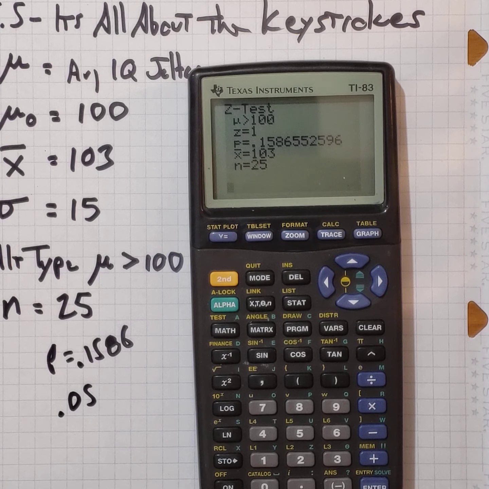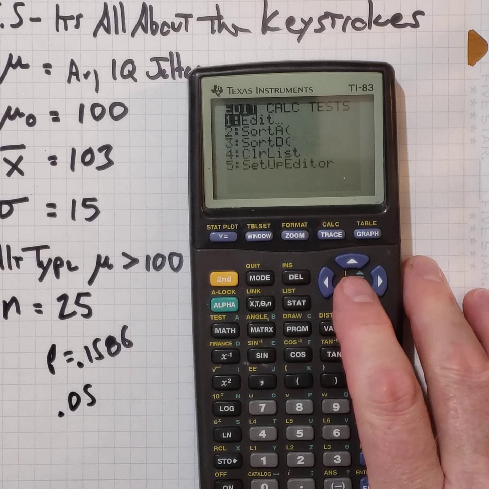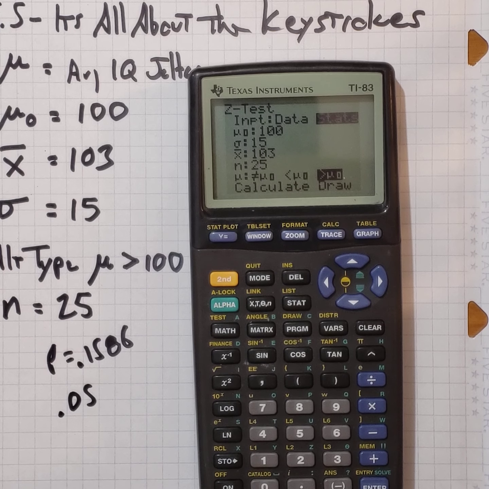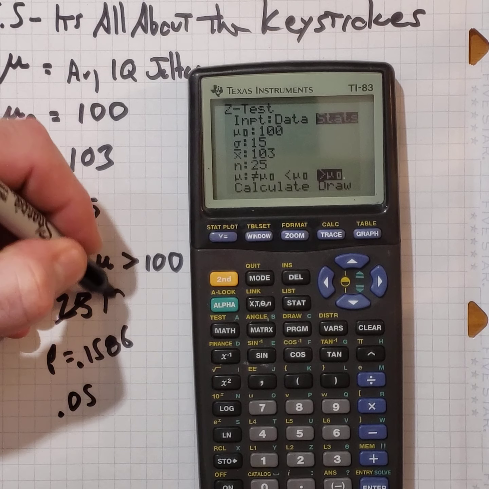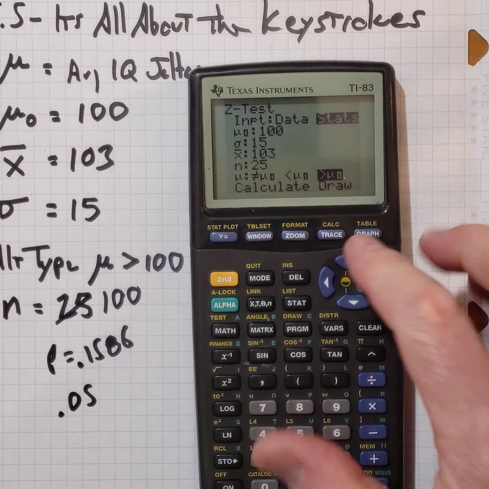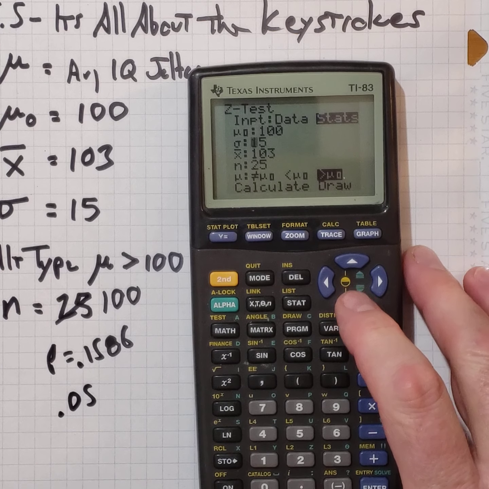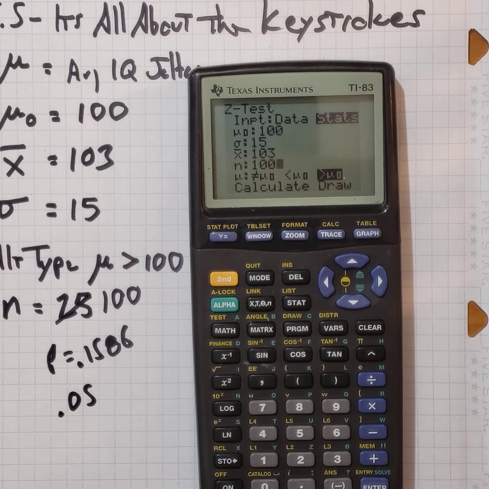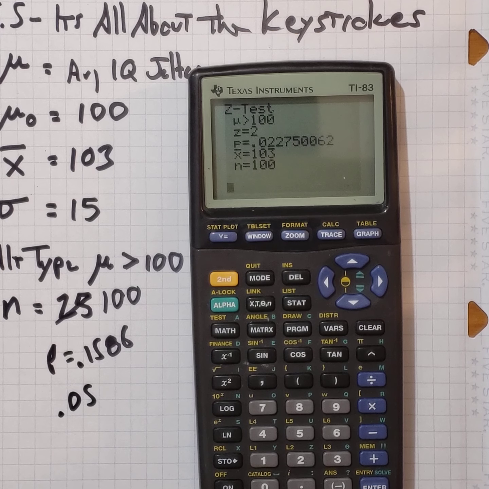Now let's do that again one more time. Go back to stat, over to test, select z-test. We're going to change, like we did before, our sample size to 100. And these numbers are sticky, so they'll all stay the same until you change them. So now we put in 100 for n, and hopefully you remember what happened when we did that.